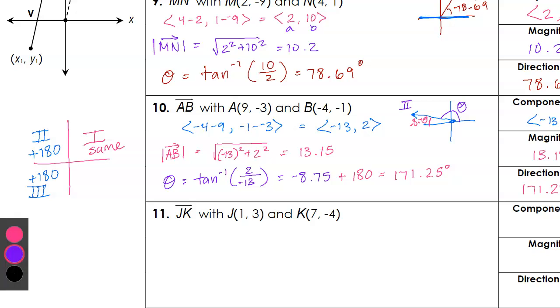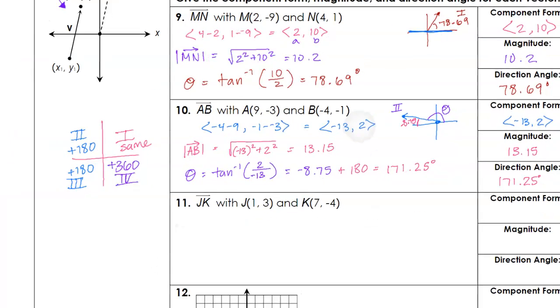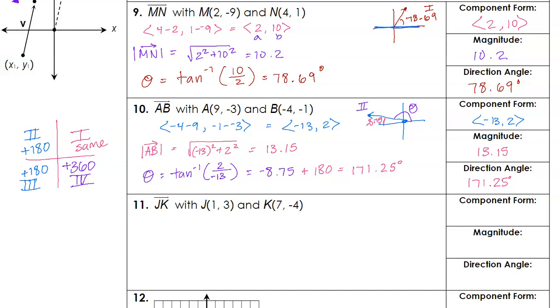If you're in quadrant 4, you add 360. Any questions? Does anyone want another example before I move on to the next part?